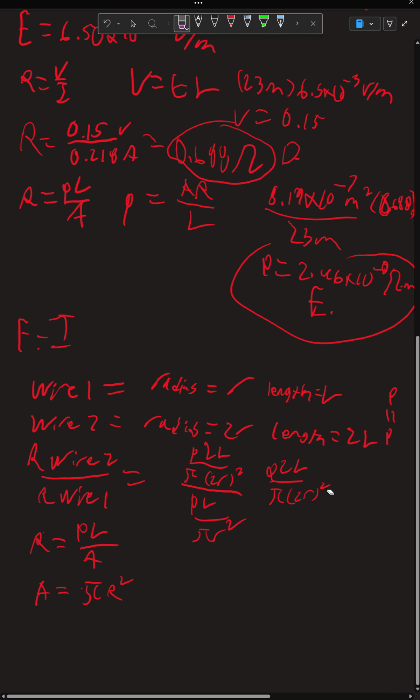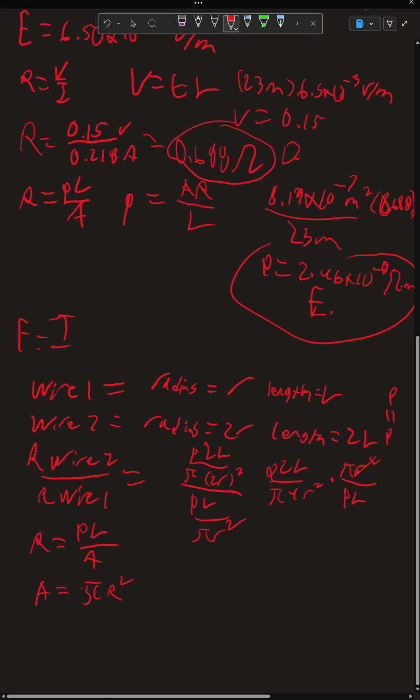Oh, let's just simplify this too. It'll be 4r squared and times pi r squared over ρL. Now, all you have to do is just cross out all the things that are equal from each other.